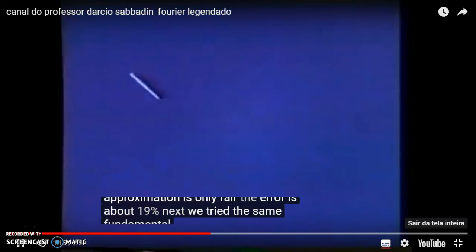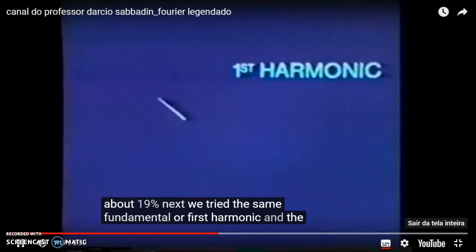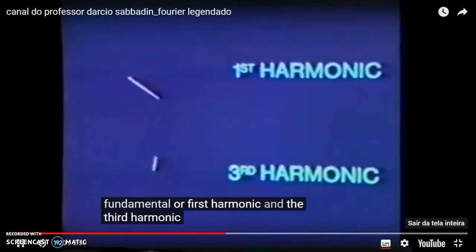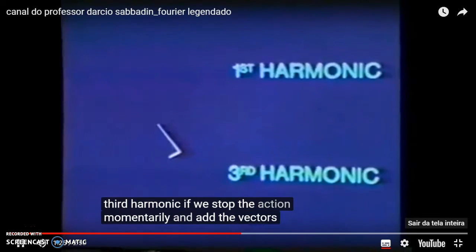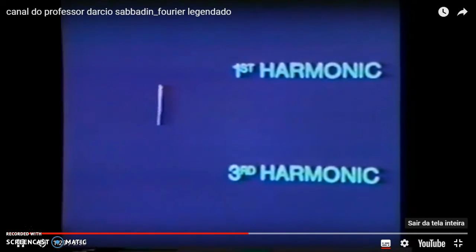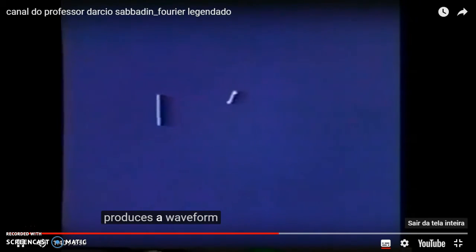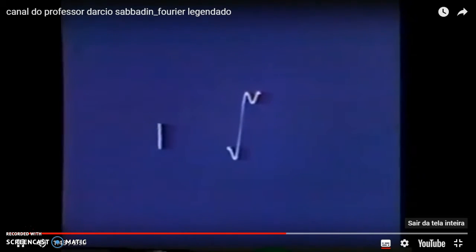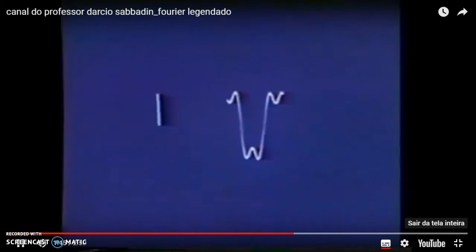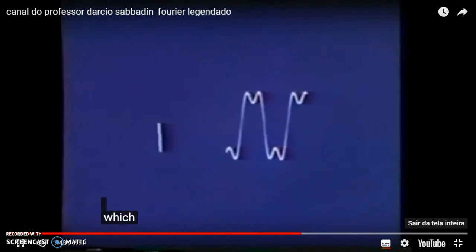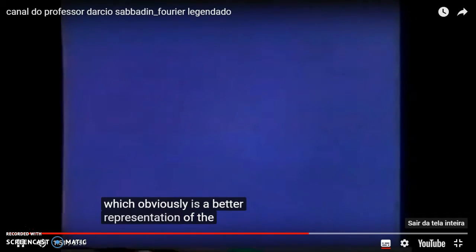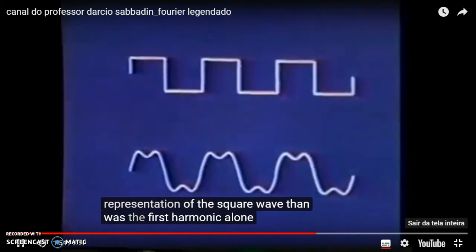Next, we try the same fundamental, or first harmonic, and the third harmonic. If we stop the action momentarily and add the vectors, the sum produces a waveform, which obviously is a better representation of the square wave than was the first harmonic alone.